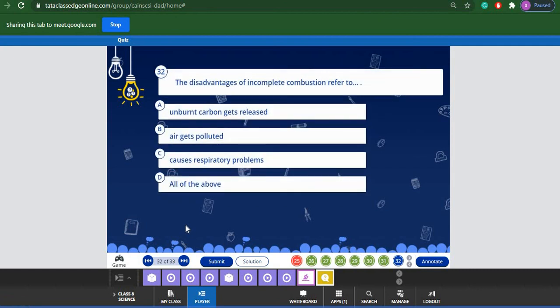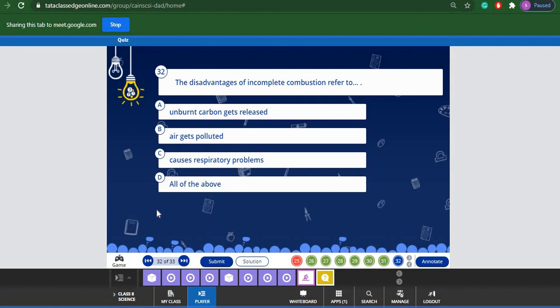Now this one. You have to say the disadvantage of incomplete combustion is referred to. First option, unburned carbon gets released, air gets polluted. Sir, C. Yes.